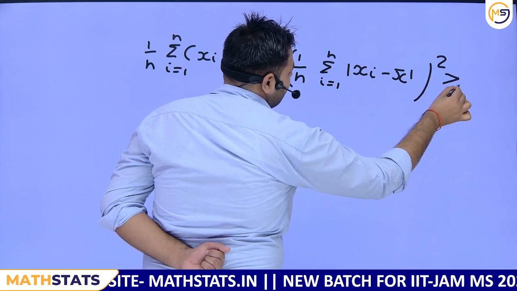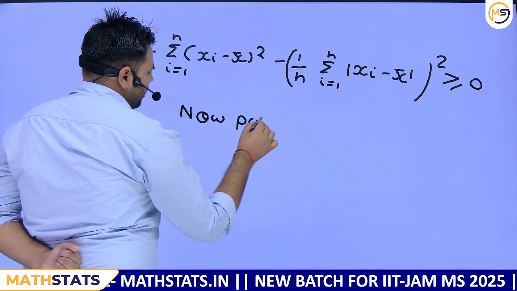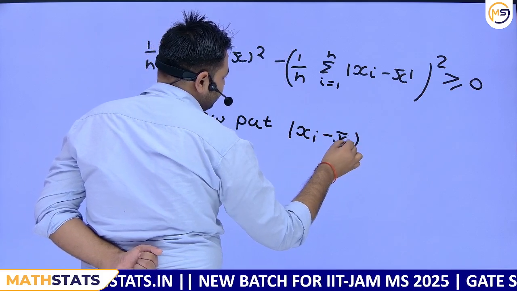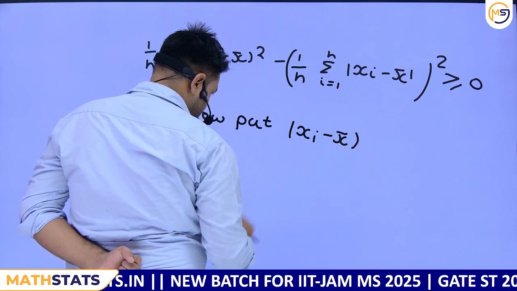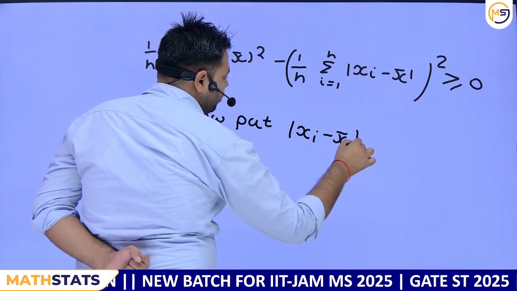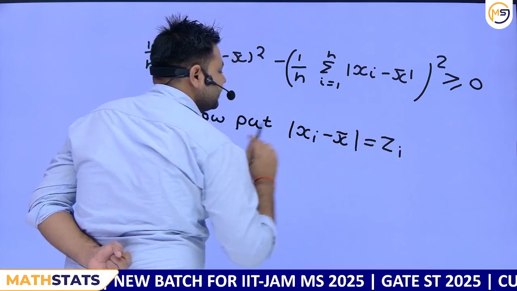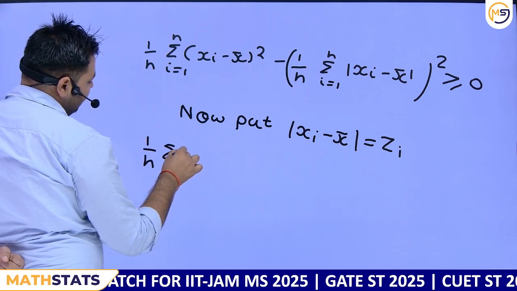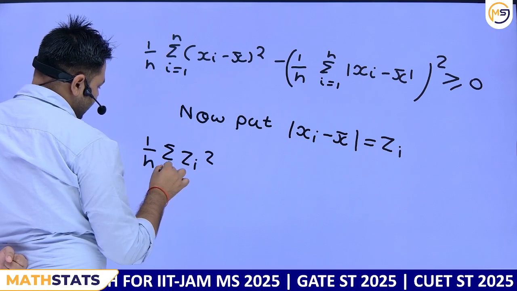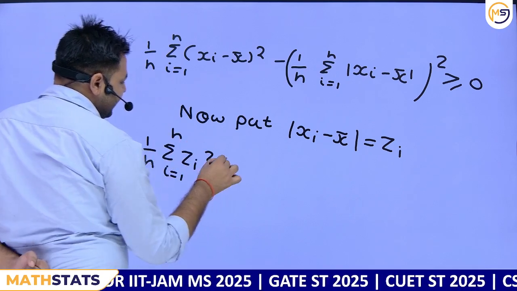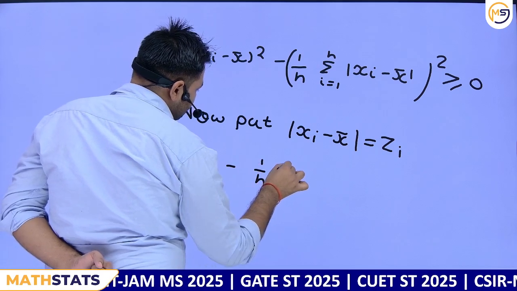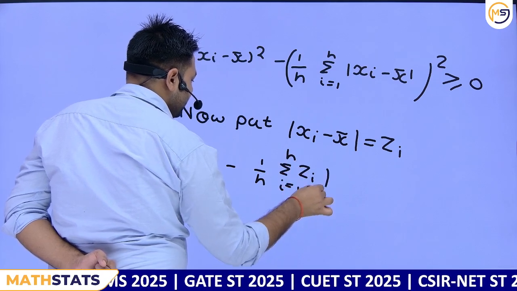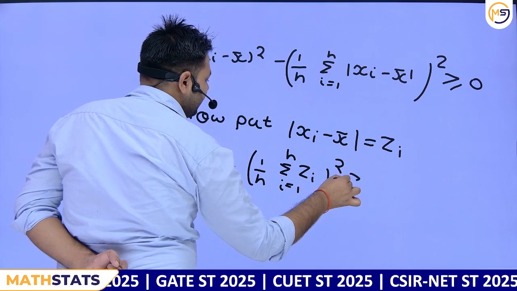Remember one thing, this is greater than or equal to 0. Now put mod of xi minus x bar equal to zi. Okay, so this first quantity is equal to 1 upon n summation zi square, i equal to 1 to n, and the second quantity is 1 upon n summation i equal to 1 to n zi, whole square, and this is greater than or equal to 0.